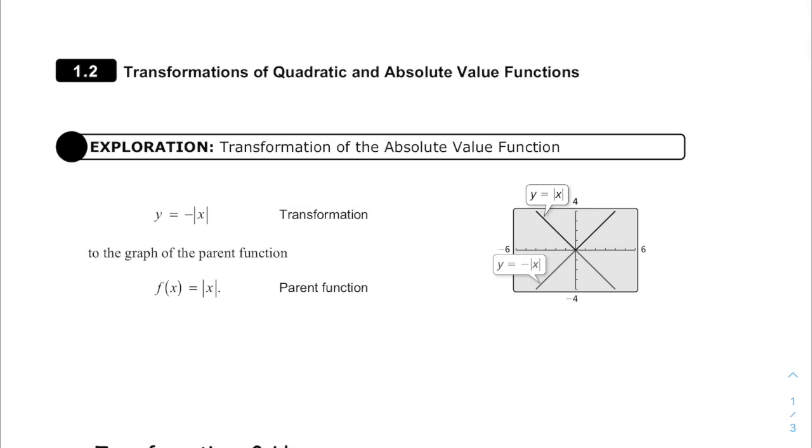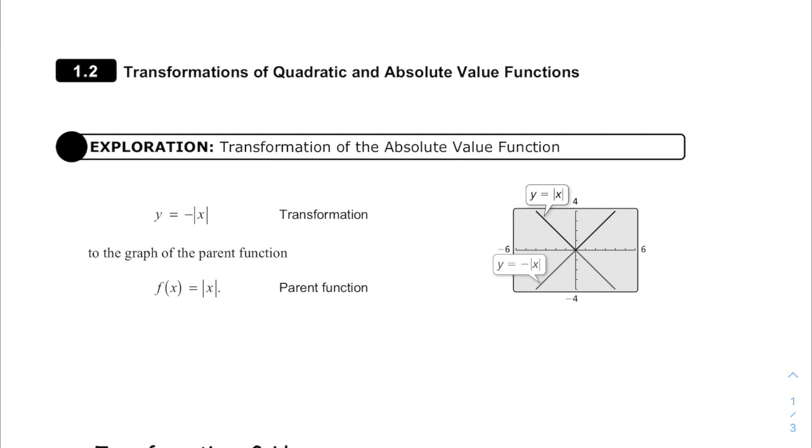Okay, so this is the second lesson on transformations. What you're going to find is that today we are going to be doing the opposite of what we did last class. Last class, you were given a parent function and then given another equation, and then you had to describe what the changes would be.